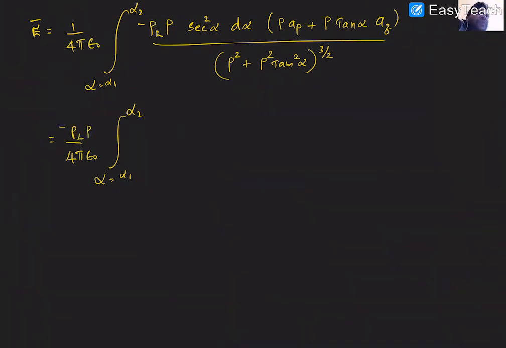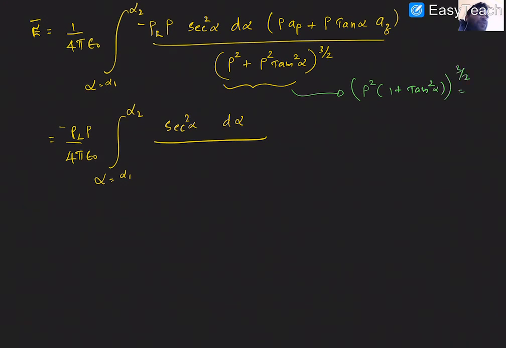Now you see this becomes sec square alpha d alpha, and the denominator is nothing but rho square into 1 plus tan square alpha the whole power 3 by 2. This becomes rho cube sec cube alpha, right, because 1 plus tan square alpha is nothing but sec square alpha.